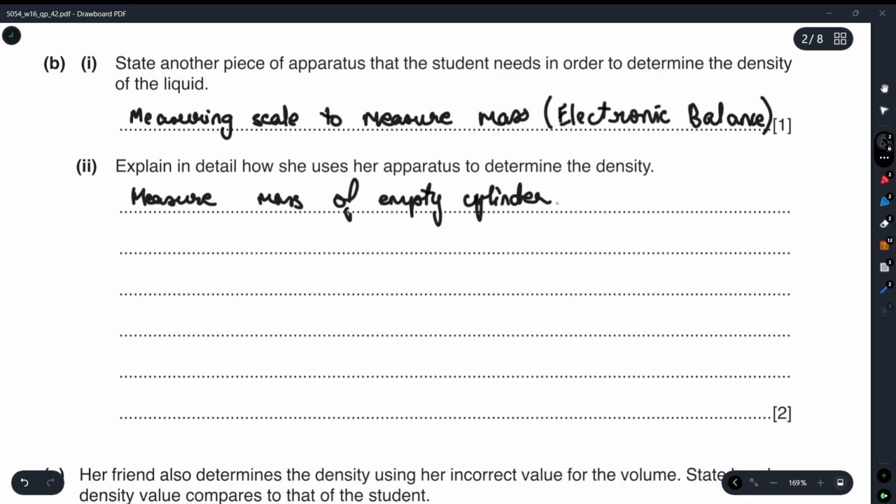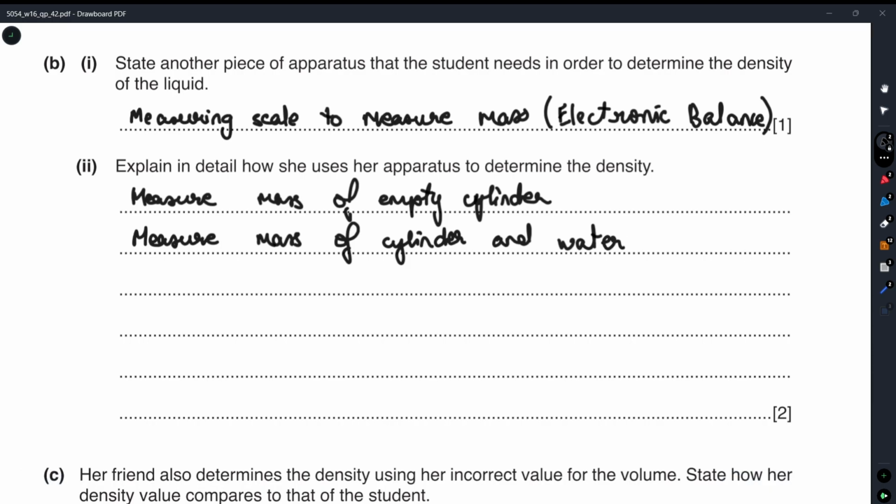So you measure the mass of an empty cylinder, then you measure the mass of cylinder and water.